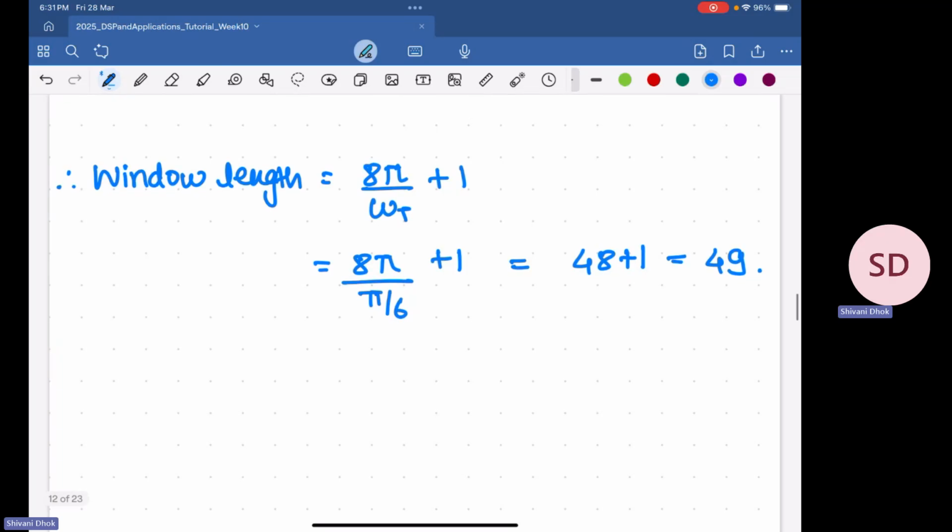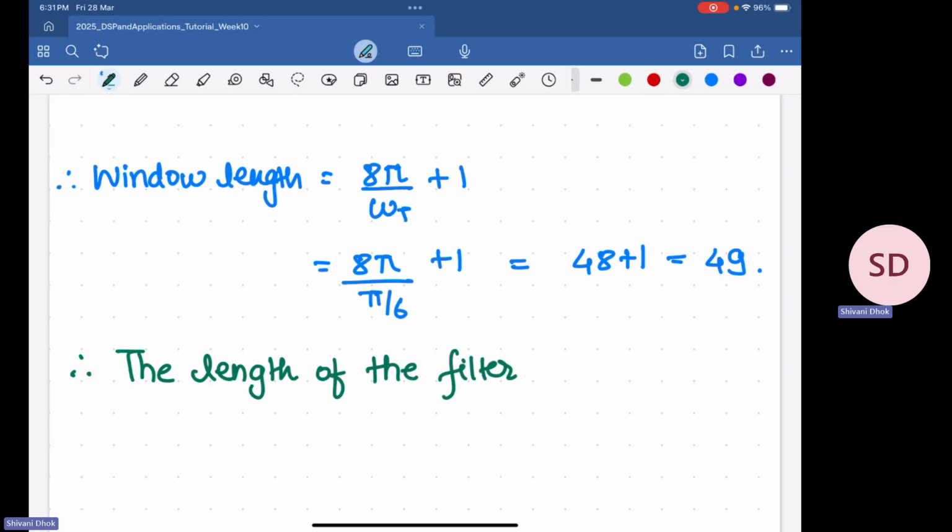Okay. So therefore, the length of the filter, sorry, yeah, the length of the filter or window is equal to 49. Is it clear?